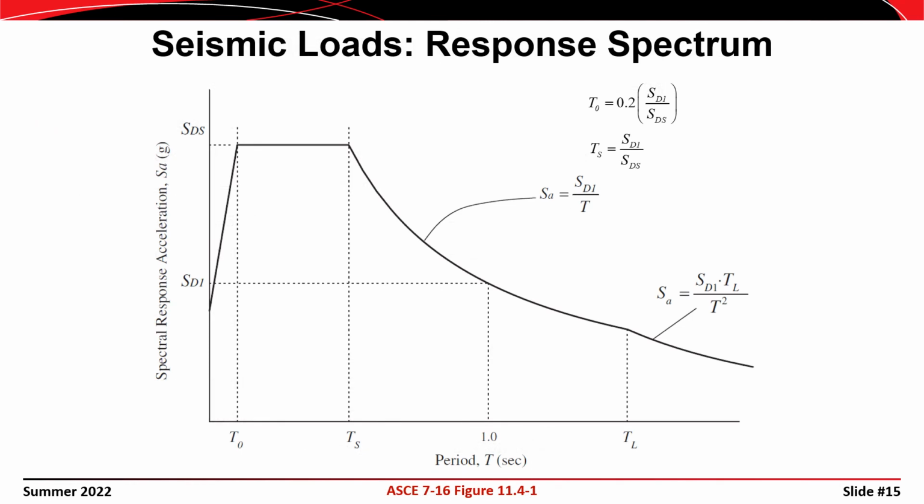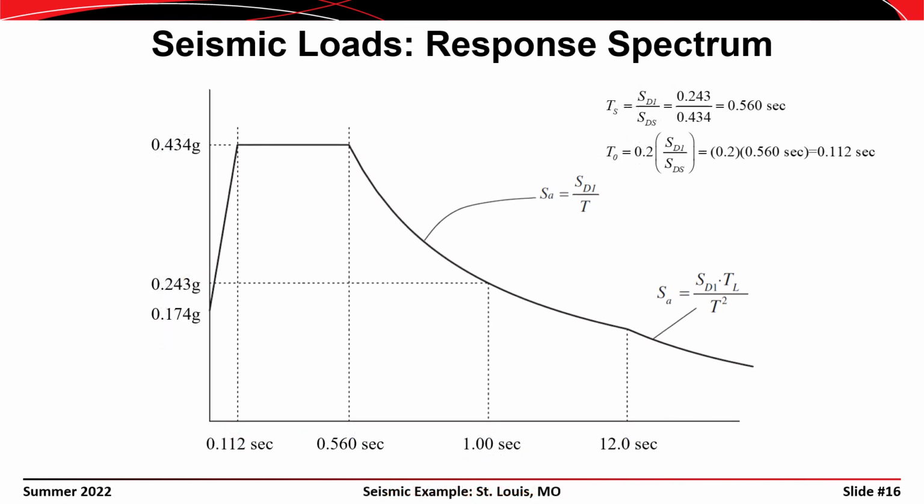The next step is to develop the response spectrum for the site, and here is a response spectrum filled out with variables. You can see that the plateau is marked with a spectral acceleration of S sub DS, and if we go through and fill in the values for this spectrum, we end up with a peak value of 0.434 g.